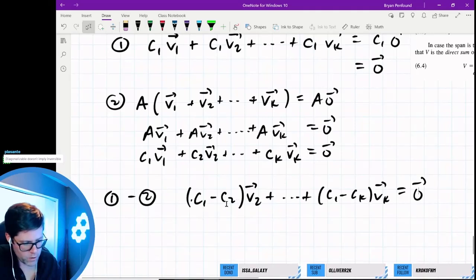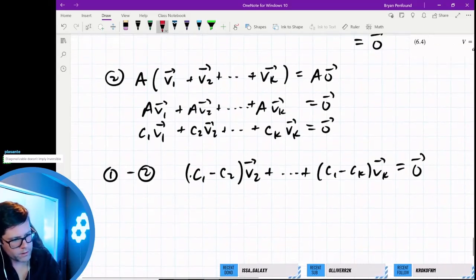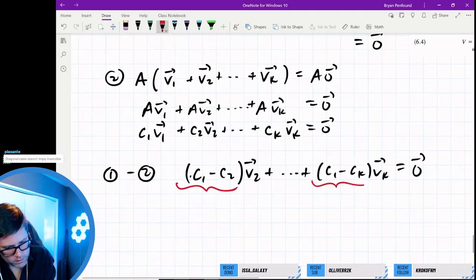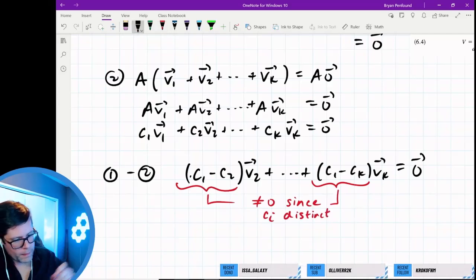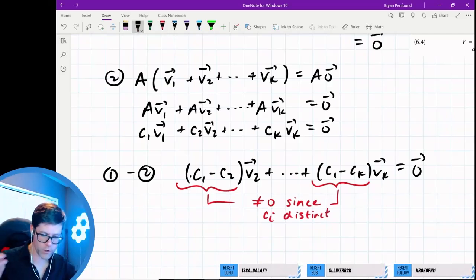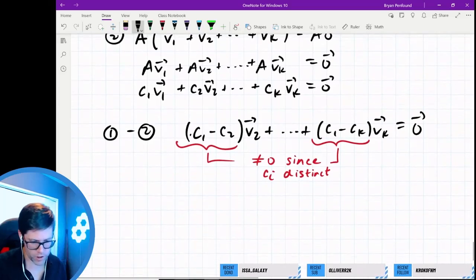And now we are just going to use this idea that all of these c's have to be distinct, so none of these differences are equal to 0. So that's really going to force one particular solution, and that's that all of our v's here are going to be identically equal to 0. Okay, so an induction on k should get the job done here.